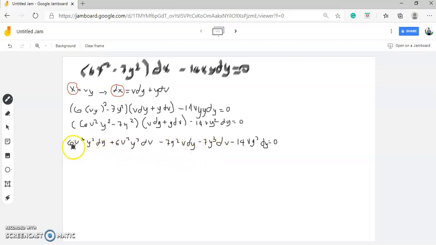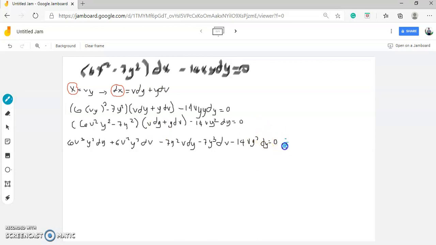This one doesn't have v, so we can't use that, but here you have y squared. You can get a y squared from y cubed, and we can also get y squared from y squared. So to simplify it, let's divide this one.